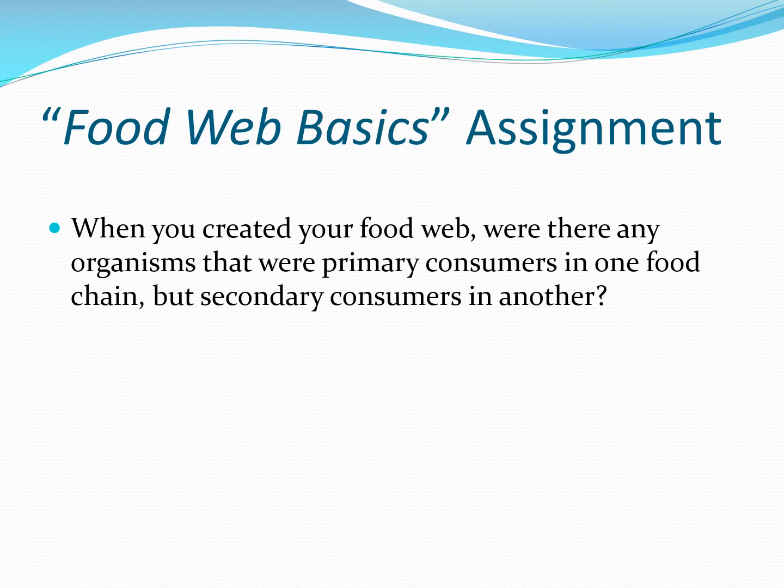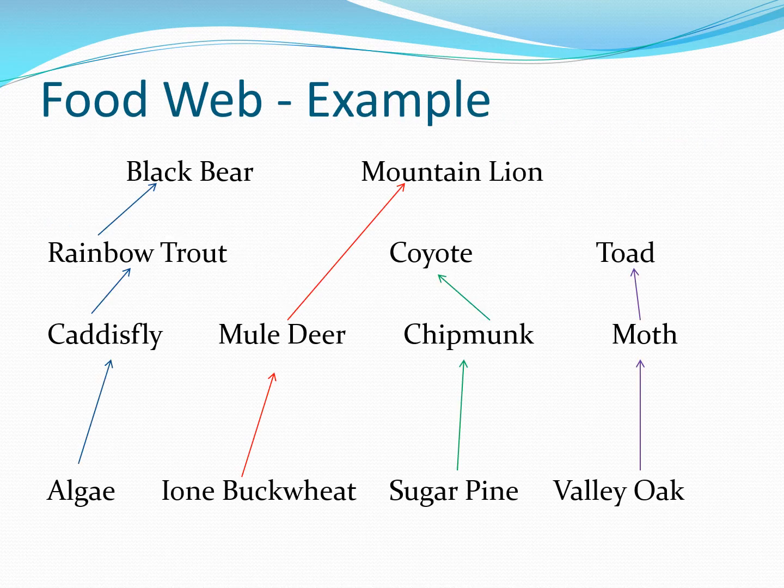When you created your food web, when we showed that food web, were there any organisms that were primary consumers in one and secondaries in another? So basically an omnivore, right? We have the black bear. So we said in this food chain, to the left, the black bear is a tertiary consumer, right? It eats the rainbow trout.